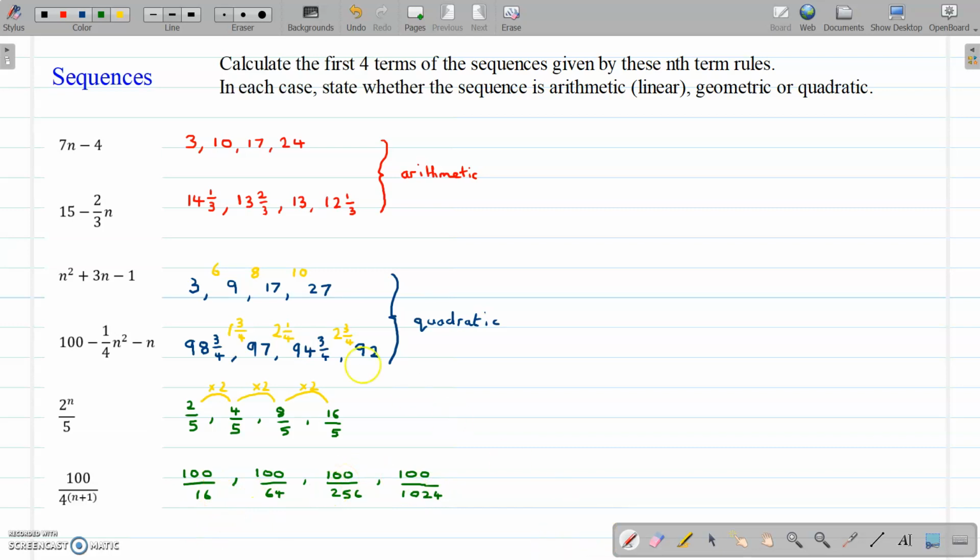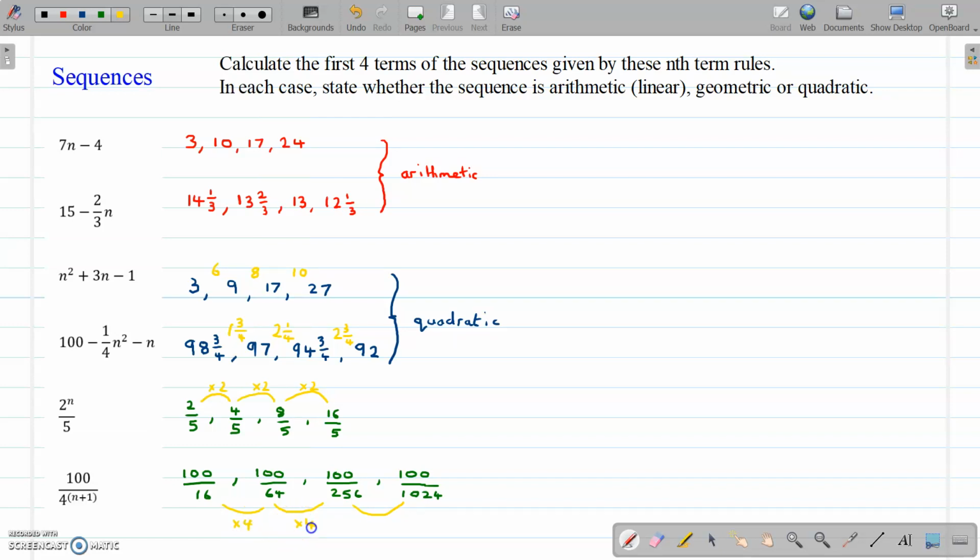This is another example of a geometric sequence, and this time the denominators are getting 4 times bigger each time, so that's times 4, times 4, times 4. What it means is that the actual value of each term is getting 4 times smaller.